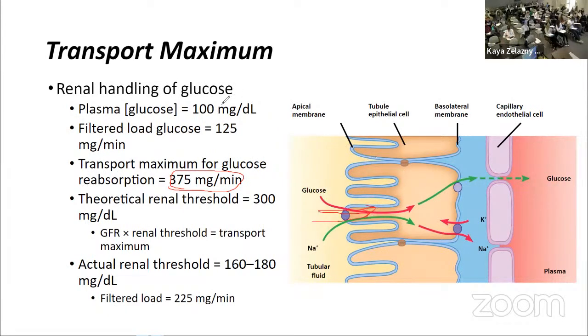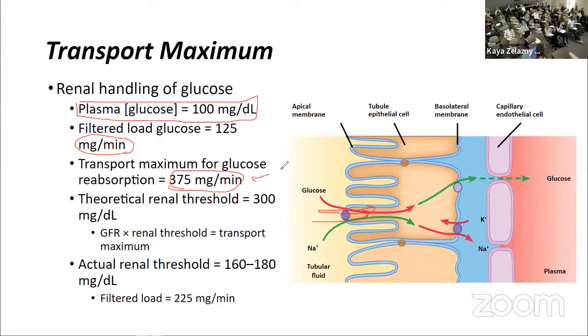So we have our filtered load in milligrams per minute and our transport maximum in milligrams per minute. If you have more than that, you are not going to be able to get that extra glucose into the body. We can then calculate pretty much backwards to find out what plasma glucose level corresponds to this transport maximum.